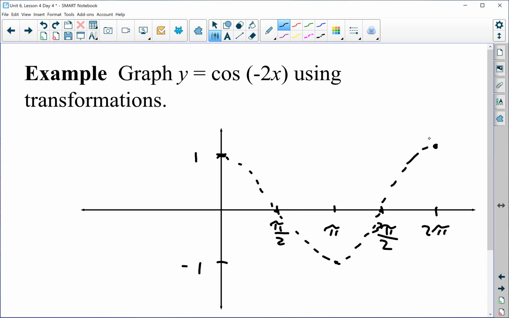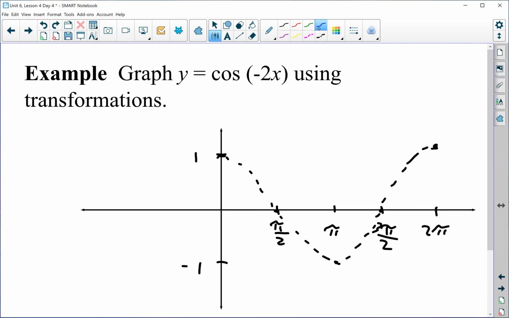And then as I do the different transformations, we'll end with a solid graph when we're done.